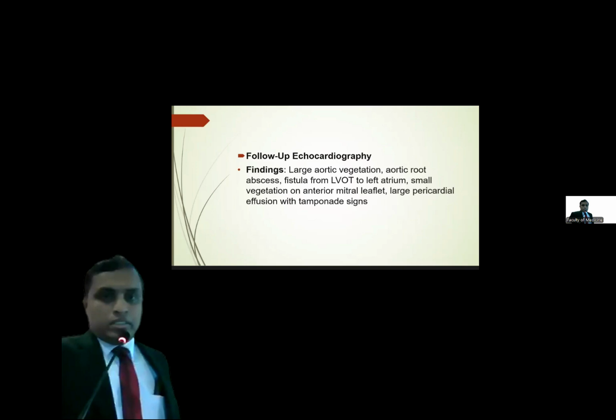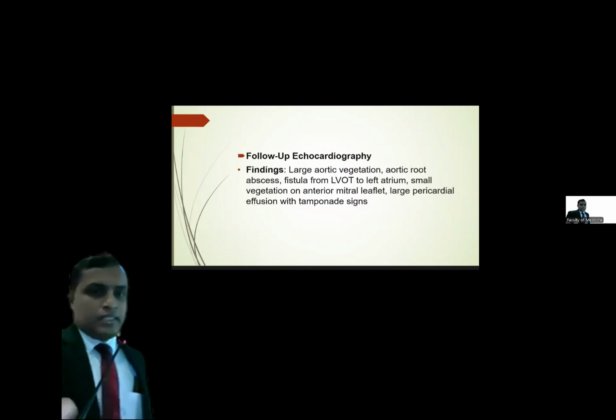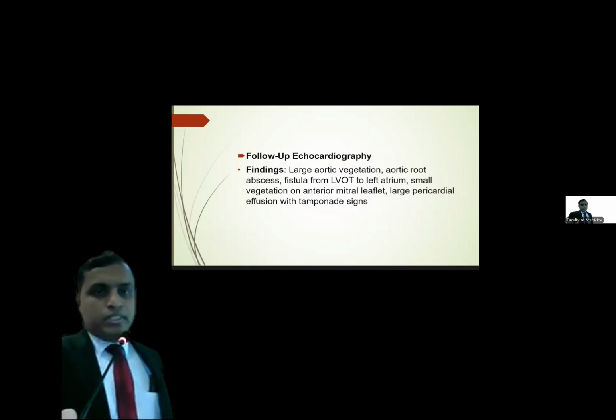There was a large aortic vegetation with root abscess and fistula formation from the LVOT, left ventricular outflow tract, to the left atrium. There is another vegetation on the mitral valve as well, and the pericardial effusion has grown bigger, causing signs of tamponade.